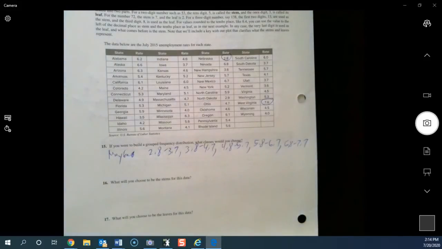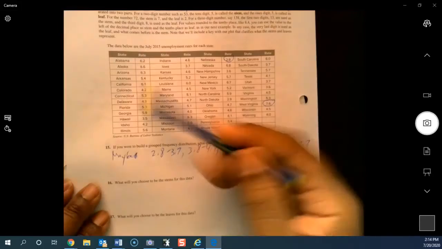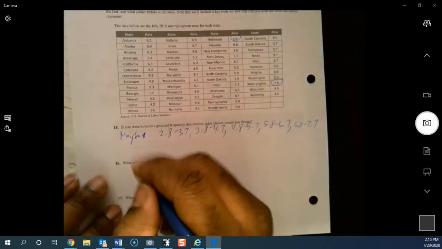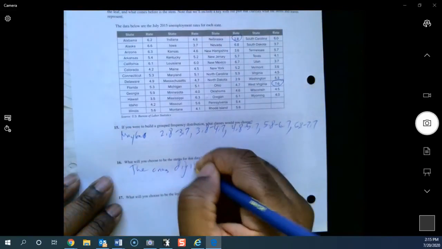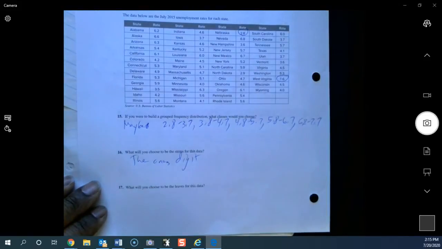Now, 16. What will you choose to be the stems for the data? Okay, if you notice, all of these have only 1 digit in front of the decimal, 1 digit behind the decimal. So it'll be the ones digits. The ones digit. Okay, what will you choose to be the leaves for the data?